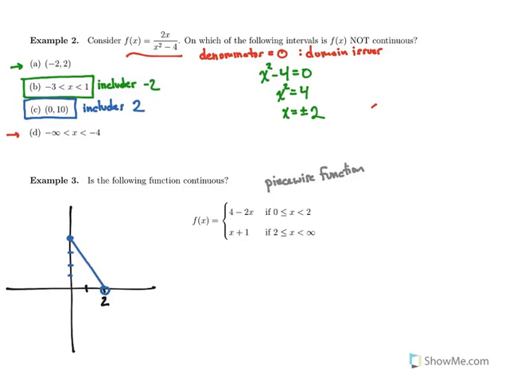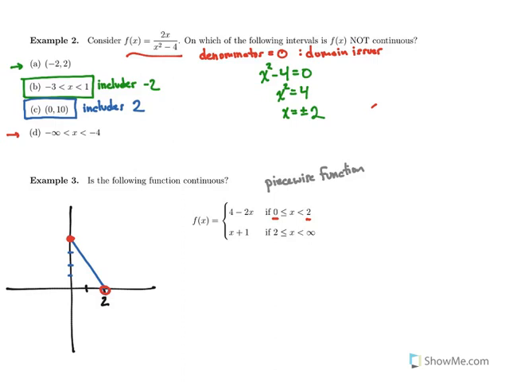Note that another way to do that is you could look at the two endpoints. This is a nice trick for piecewise functions. When you plug in 0 into 4 minus 2x, you get 4. When you plug in 2 into 4 minus 2x, you get 0, and we're just going to draw that with an open circle because of the less than sign instead of less than or equal to, and then connect it in the way that we need to, which is a straight line in this case.